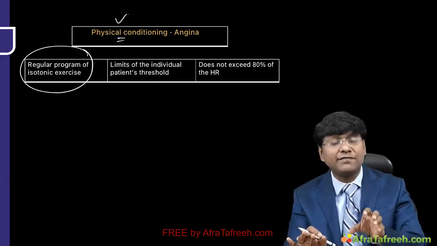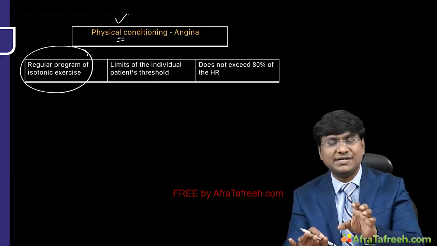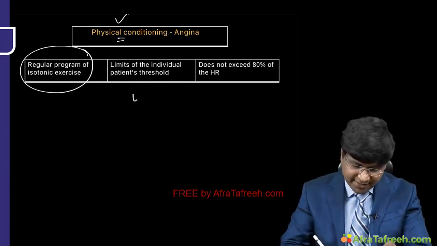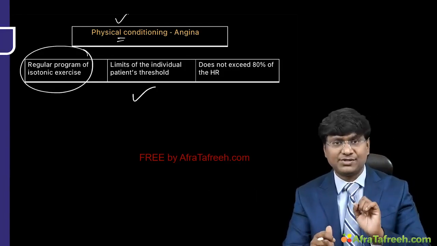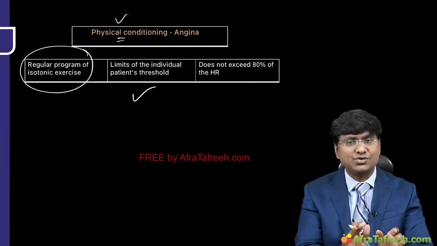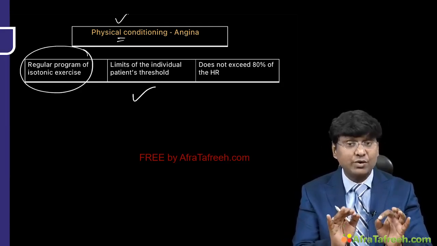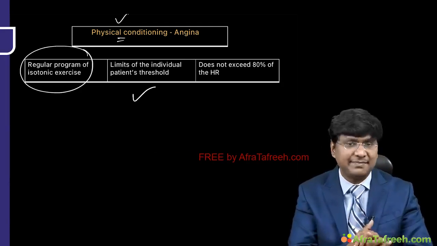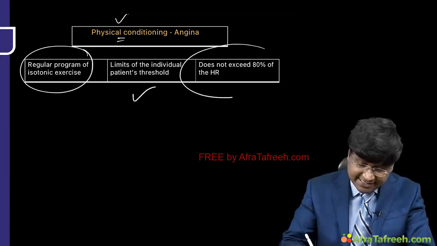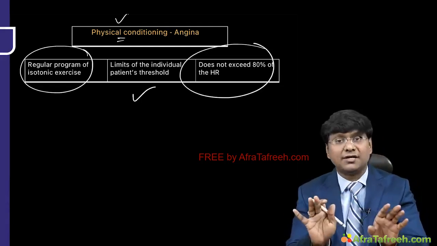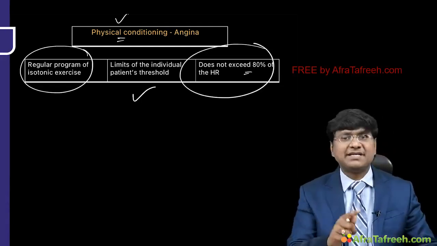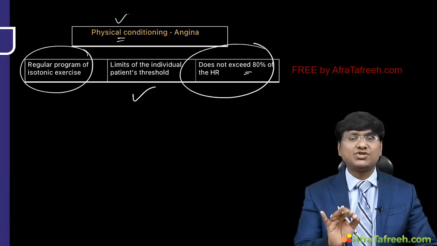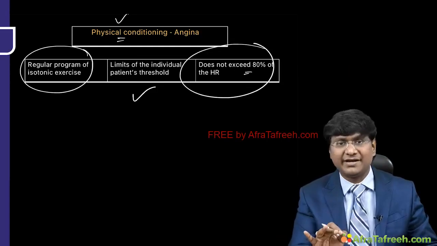A regular program of isotonic exercise within the individual patient's threshold for the development of angina pectoris, or that exercise should not exceed 80% of the heart rate associated with ischemia. So that sort of exercise the individual should be encouraged to do.